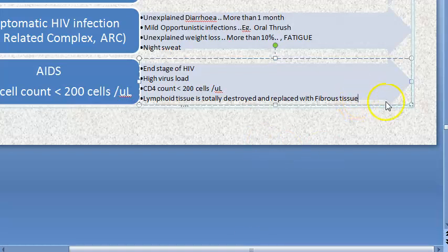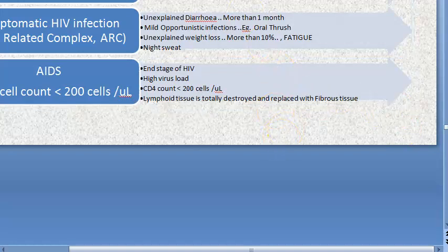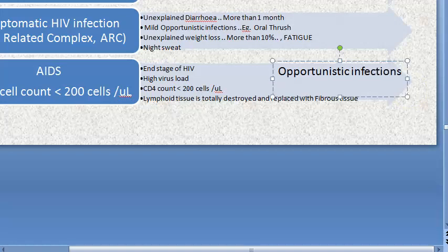So what and all will be here, some more are there. Opportunistic infections, guys. You can list all those opportunistic infections, whichever we told you.